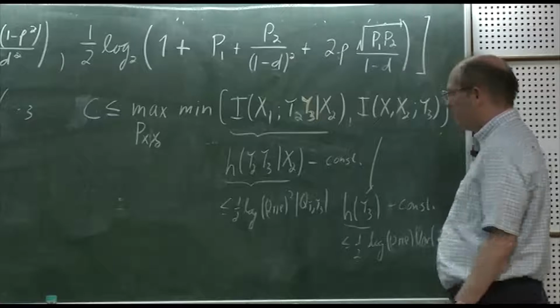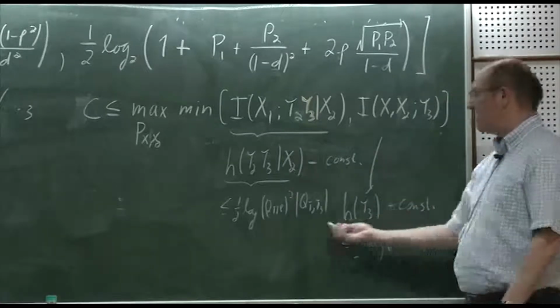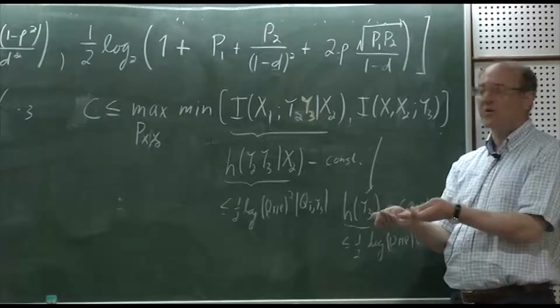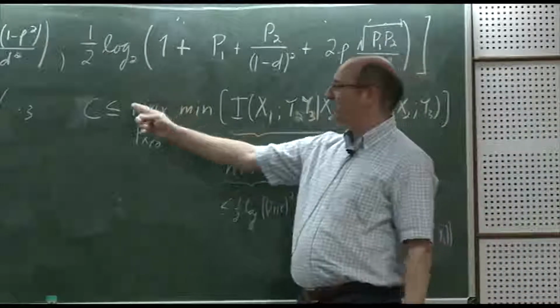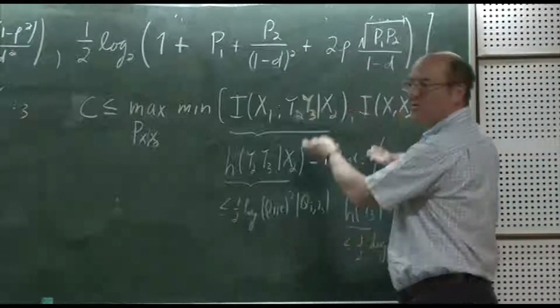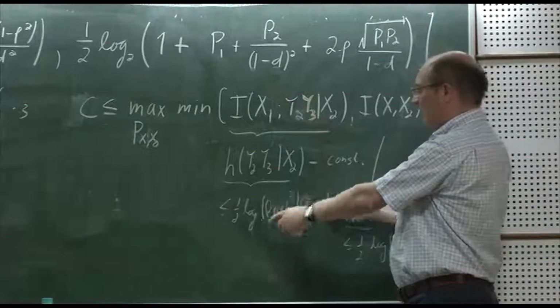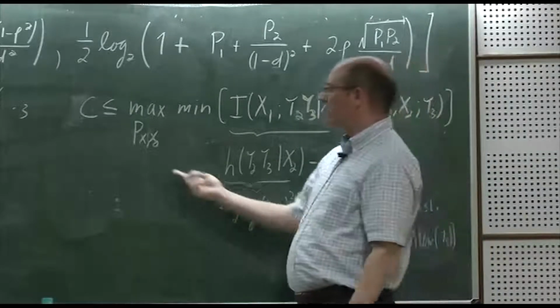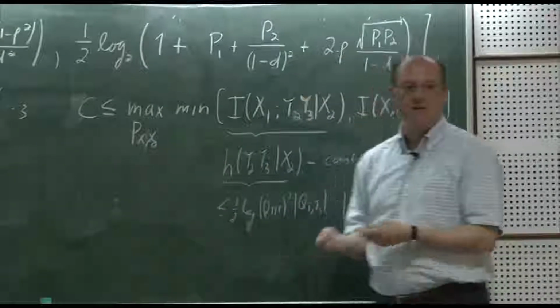So the important point here is that this bound becomes a second order statistic maximization problem. Rather than having to maximize over all distributions, we know the class of distributions that maximizes all of them, right? Because you just use the maximum entropy theorem based on second order statistics to do the bound. And so this maximization simplifies enormously.